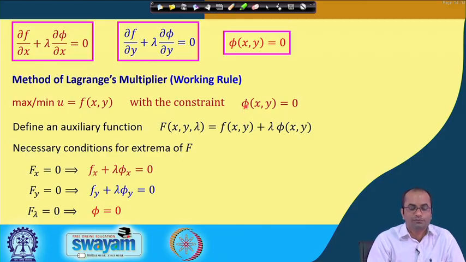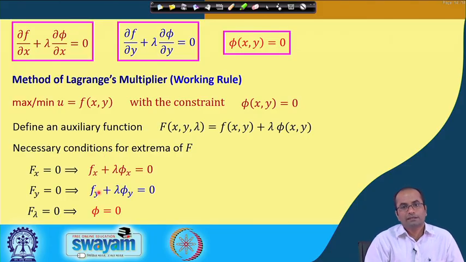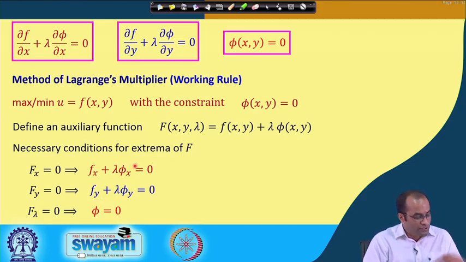If we have, for example, two constraints phi 1 x y equal to 0, phi 2 x y equal to 0, then we will just introduce more lambdas there, lambda 1 phi 1 plus lambda 2 phi 2, and again we have to discuss these necessary conditions. There will be two lambdas there, so one more equation will come with respect to lambda 1 and with respect to lambda 2. Another constraint will appear, and then some more terms there. Anyway, let us discuss this one constraint.